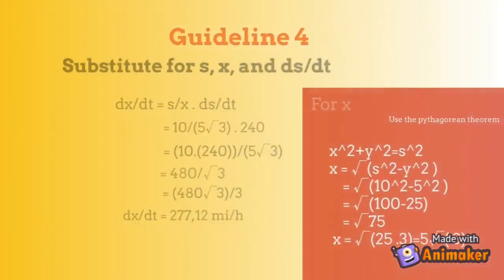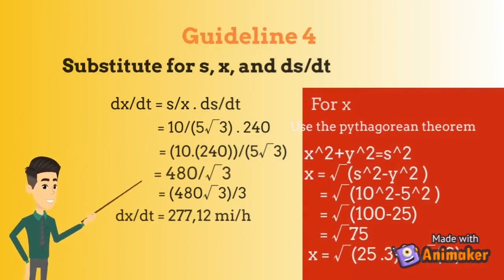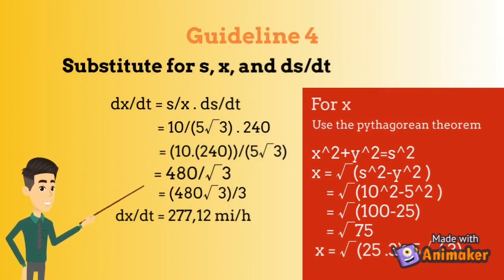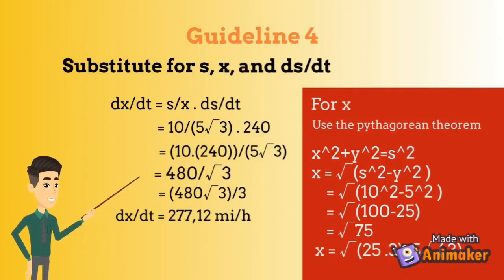Guideline 4. Substitute for s, x, and ds over dt. Now, before we do that, we have to find the value of x. We find x using the Pythagorean Theorem.